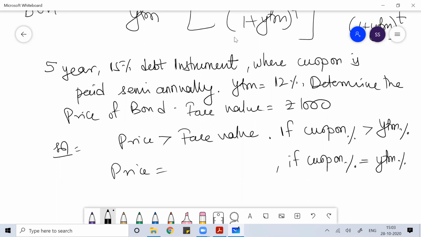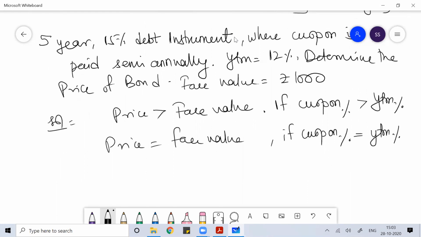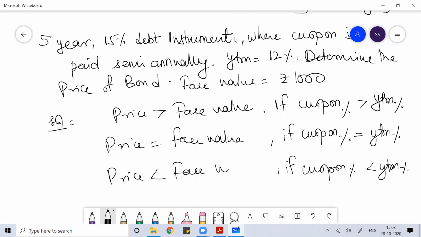And if the coupon rate is less than the YTM rate, then the price of the bond will be less than the face value of the bond. You need to understand this part.